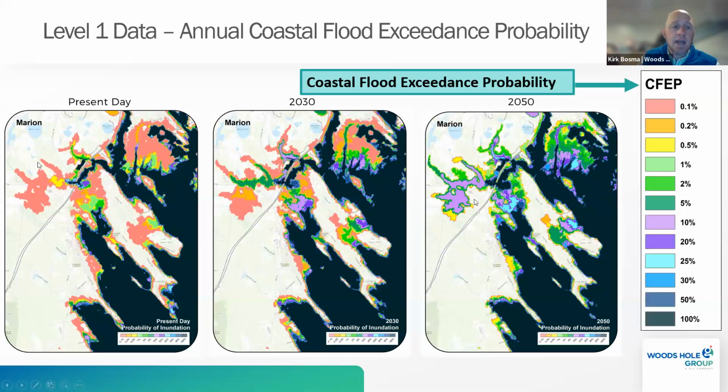And again, as we talked about before, you can look at it spatially and compare different areas, or temporally. For example, this location, Marion here, goes from a 1,000-year return period water surface elevation to a 5% to a 20% over time. And so you can see how your risk evolves with the changing climate conditions.